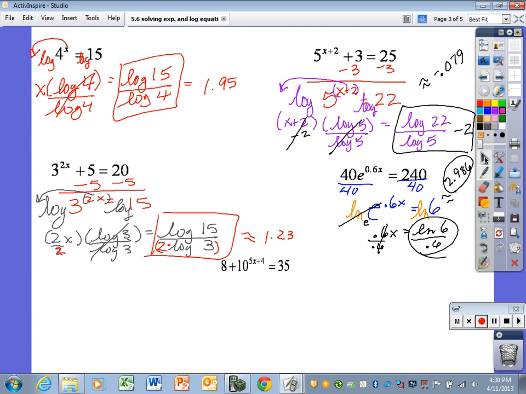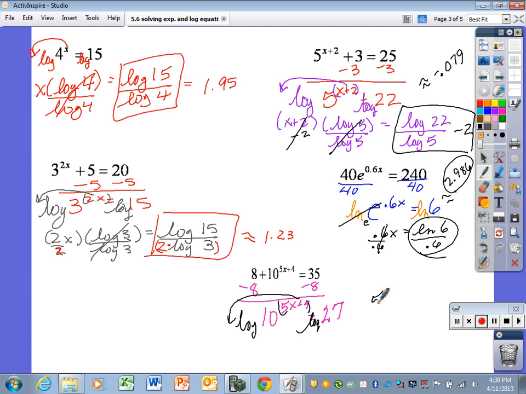Now let's try this one. Subtract 8. 10 to the 5x plus 4 equals 27. Can I get 10 and 27 to be the same base? No, so I log both sides. Exponent goes to the front. 5x plus 4 times log 10 equals log 27.